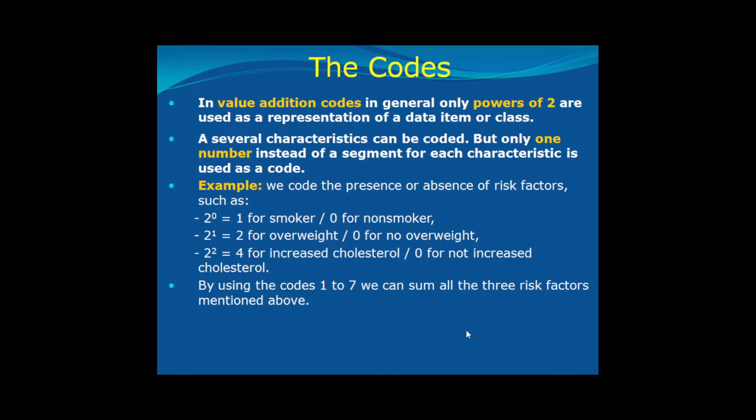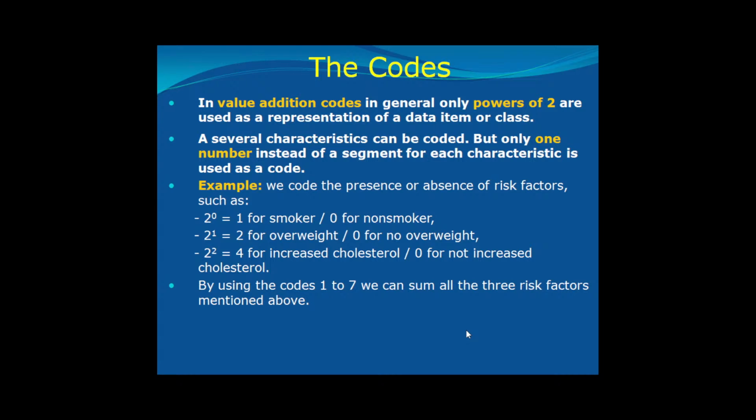In value addition codes, in general, the powers of 2 are used as representation of a data item or class. Several characteristics can be coded, but only one number instead of a segment for each characteristic is used as a code.